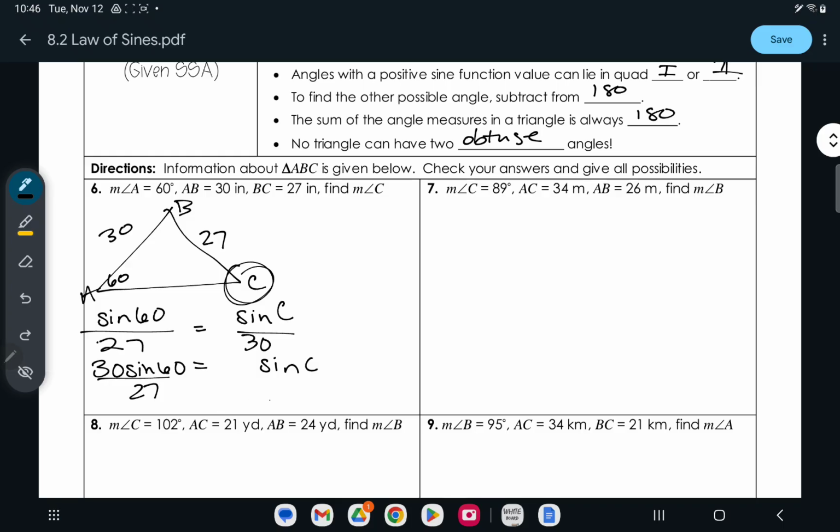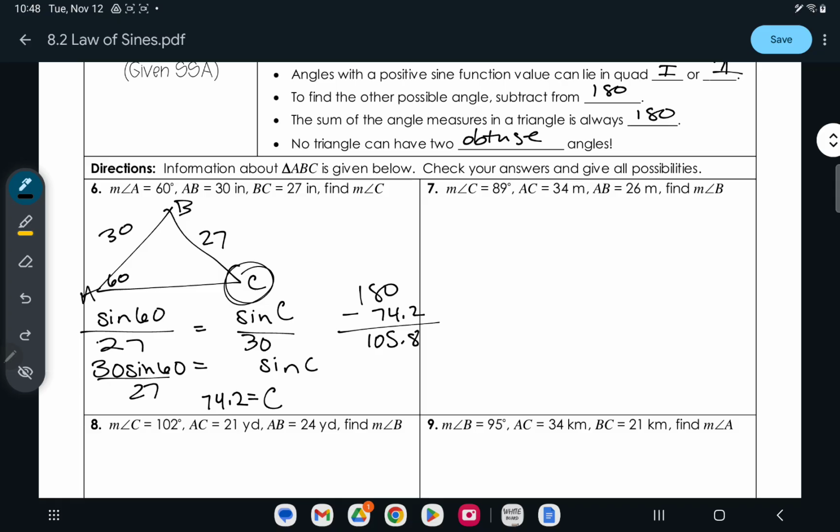So I get that C is 74.2, but potentially I could have another one. So another one could be 180 minus 74.2. So potentially I could also have 105.8.